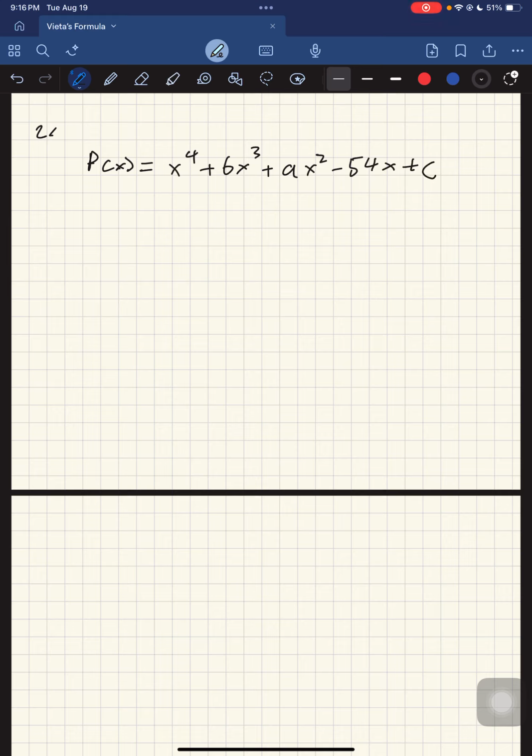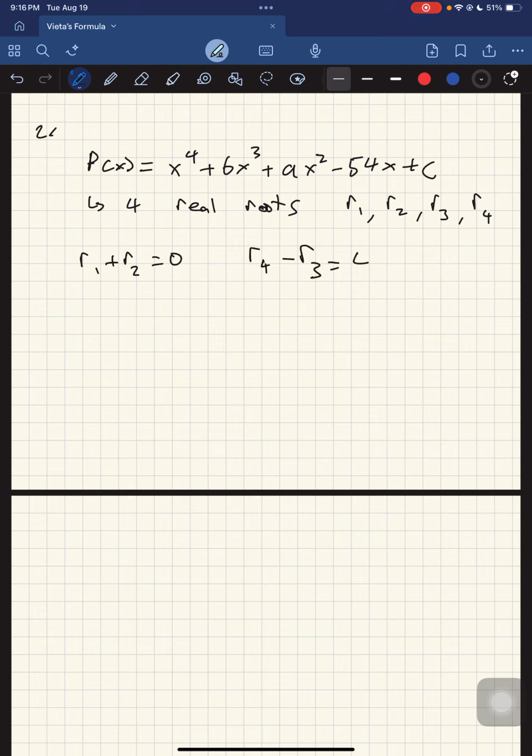And suppose it has 4 real roots, R1, R2, R3, R4. And also suppose that R1 + R2 = 0, and R4 - R3 = 4. And we want to find a and c.